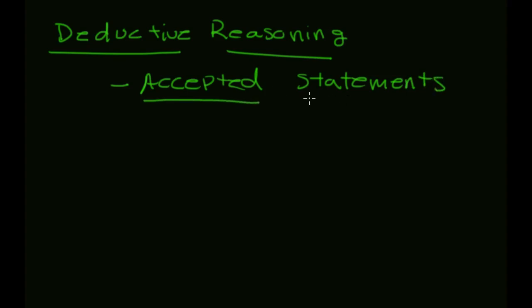And so this isn't on observations, but it's on accepted statements. So things in this could include things like definitions, postulates, proven theorems, what are called corollaries, which are tiny theorems, or just given information.